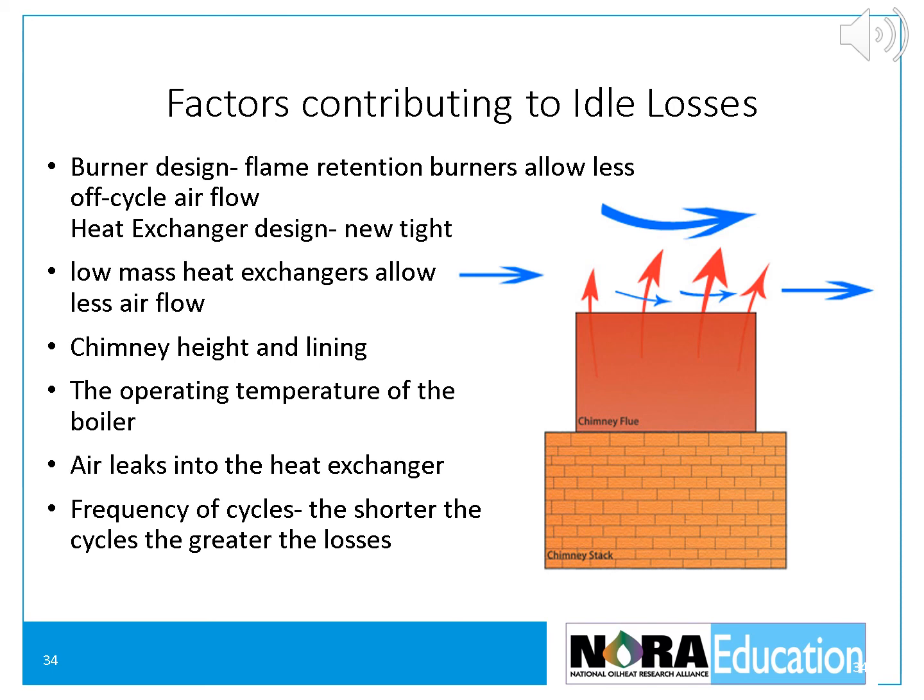Heat storage capacity of the appliance: high mass units retain heat longer and have greater off-cycle losses. Chimney height and construction materials. The operating temperature of the boiler, that is the water temperature, or the furnace, the air temperature. Air leaks into the appliances. Frequency and length of off and on cycles.